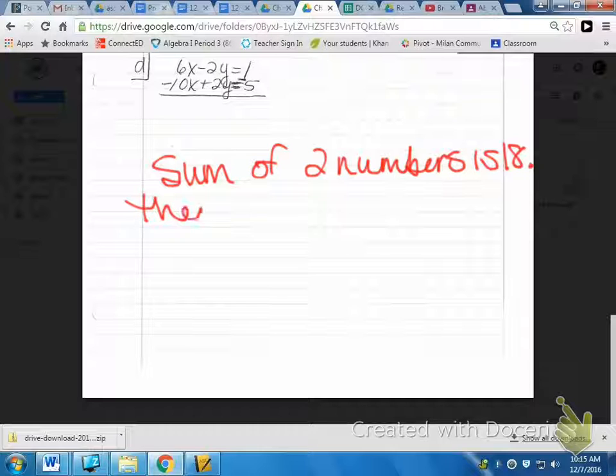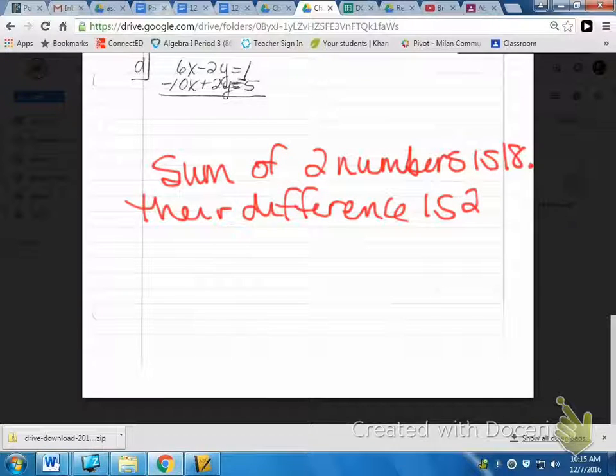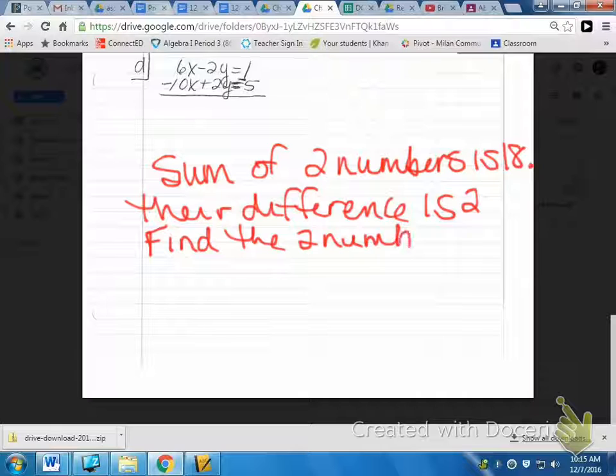Their difference is 2. Find the two numbers.